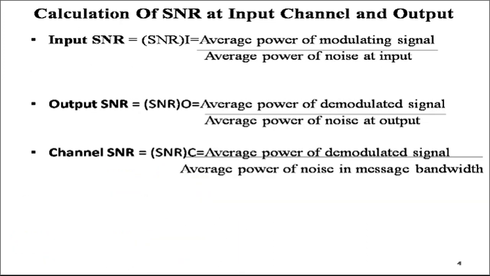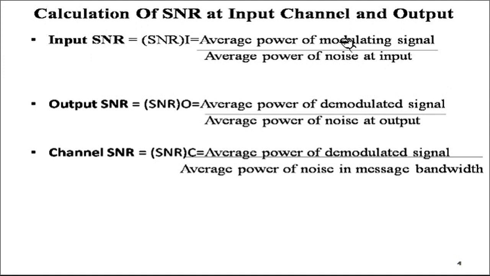Coming to the next point, we can find the signal to noise ratio at different parts, and we know the different parts of a communication system are input, channel, and output. If we find the signal to noise ratio at the input, we can write it as SNR of input, SNR_I, which is equal to the average power of the modulating signal divided by the average power of noise at the input.